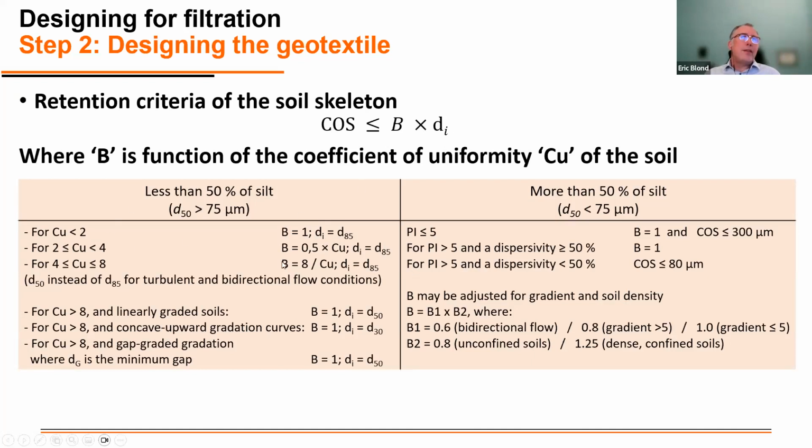And you can see that in the document, I'm not going to read everything, but in the ISO standard, you have the exact description of what these values should be, in case of a silty soil, of sandy with little silt soil, or more sand and less silt soil.